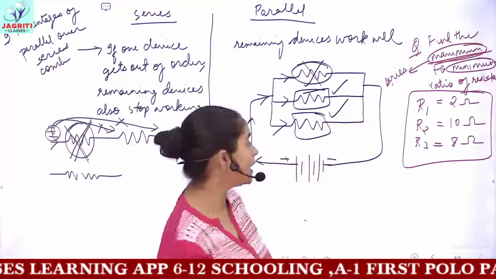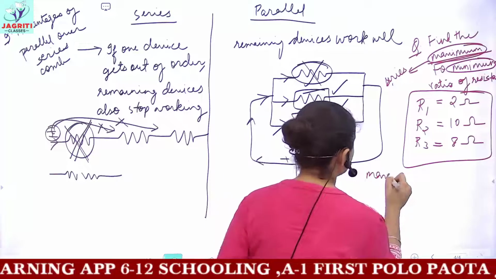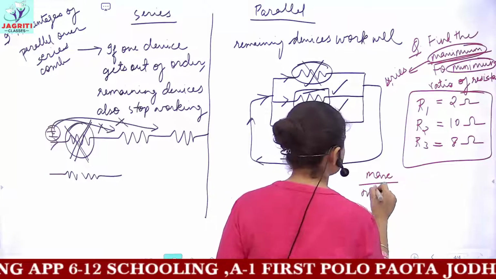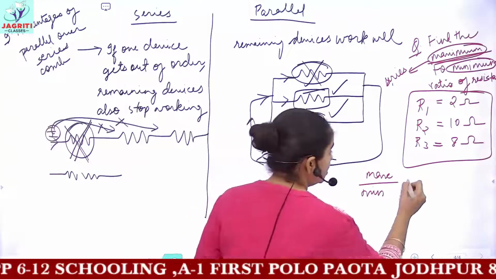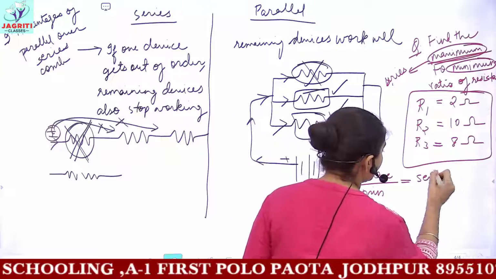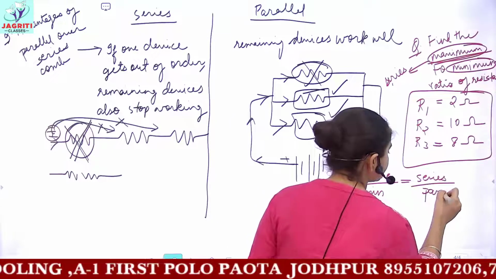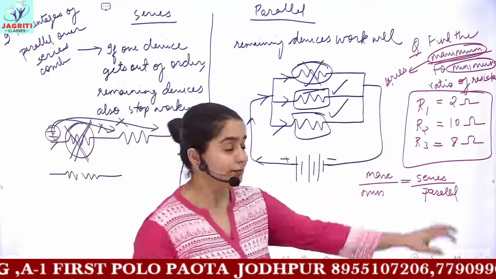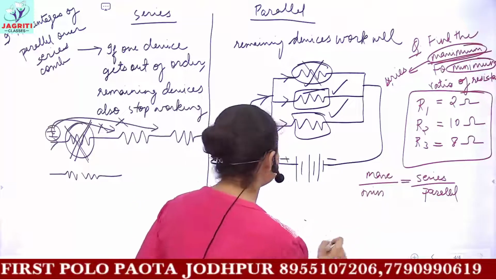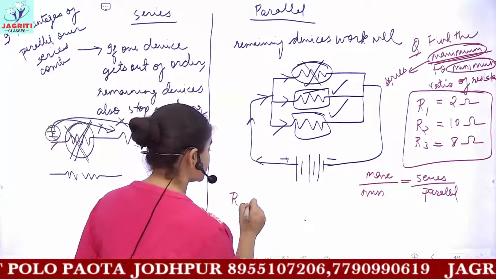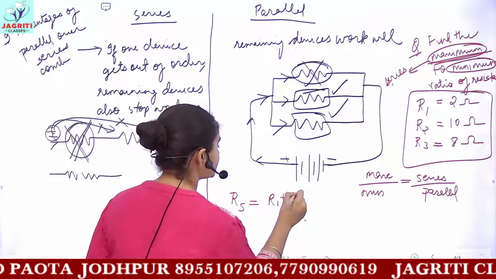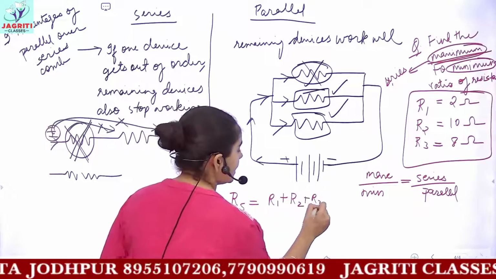So the ratio of maximum upon minimum means the ratio of series upon parallel. Because in series combination, how do you find the effective resistance? R series is R1 plus R2 plus R3 and so on.